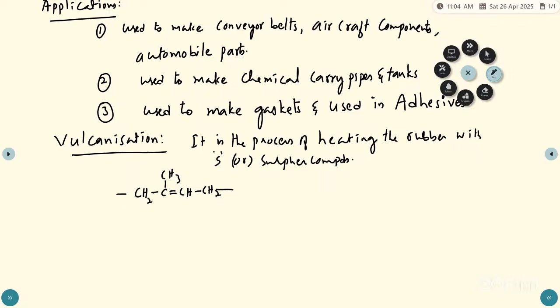And take here two isoprene units. So this is one unit, and take another one, CH2 single bond, CH3 double bond, CH2. Okay, so heat the rubber with sulfur.